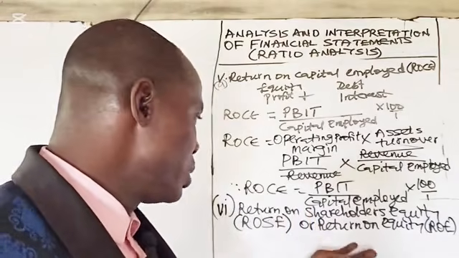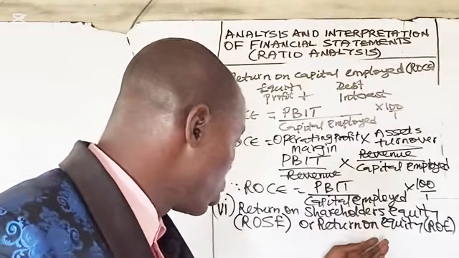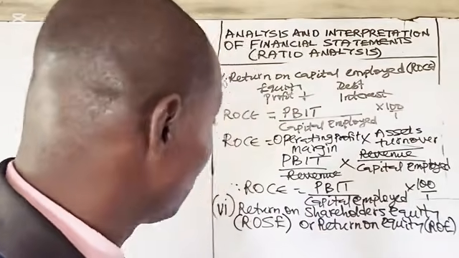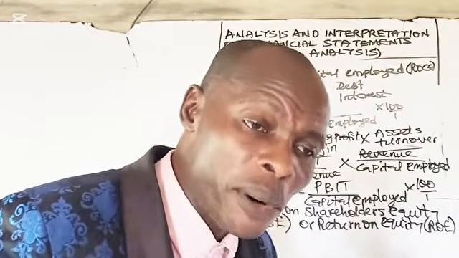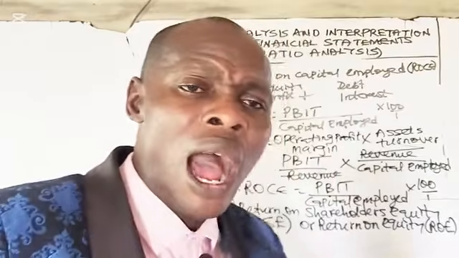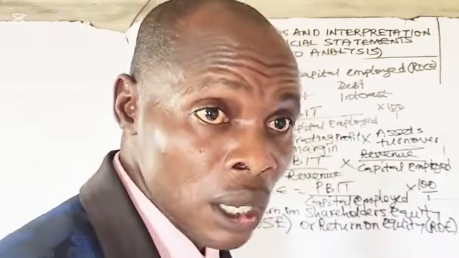Equity holders are the owners of the business. They are entitled to the totality of the profit from the business after other stakeholders have been settled.